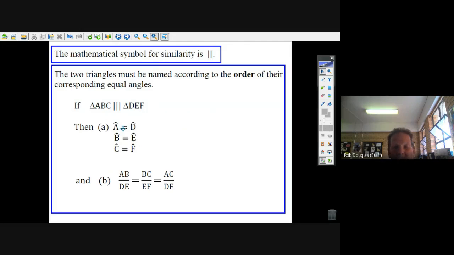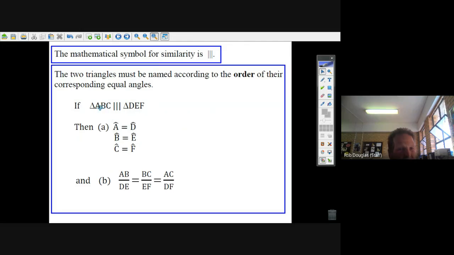Now, not only do their angles match up, but it's real important. Sometimes it gets really confusing looking at a bunch of triangles crossing all over each other, and you're not quite sure what's proportional to what. If you've got triangle ABC is similar to triangle DEF, you can do this for sure.